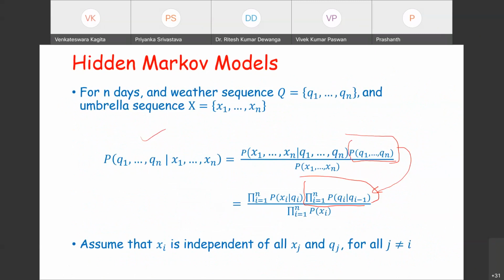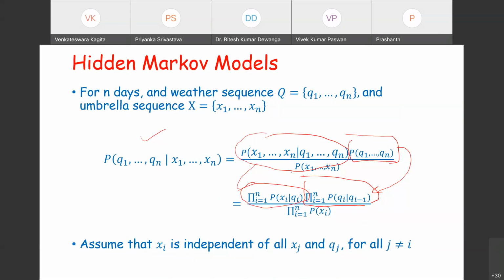Right. Another assumption that we are making is that our observation depends only on that day's weather. Observation Xi depends only on that day's weather, which means Xi depends only on Qi, not anything else. So using that, we write this as this. We are also assuming that all the individual observations are independent of one another.